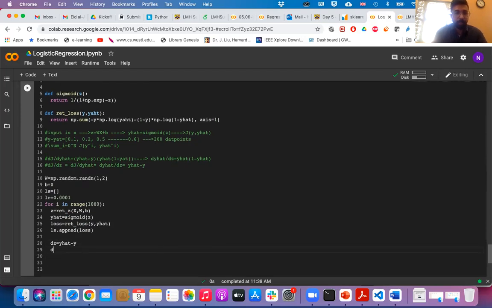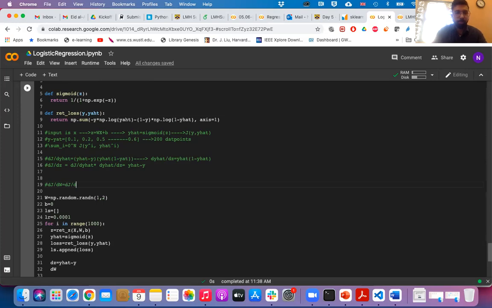Then the derivative of J with respect to w would be the derivative of J with respect to z times the derivative of z with respect to w, and this is a matrix.